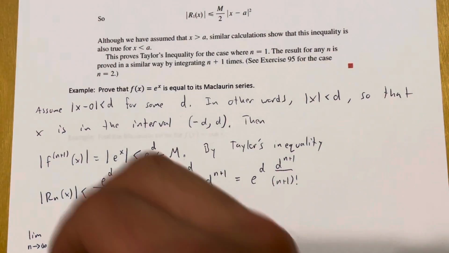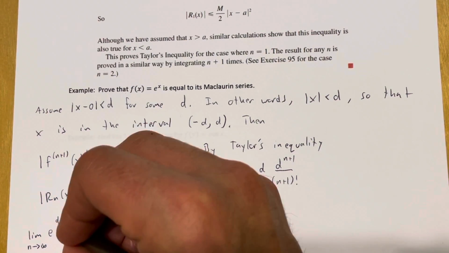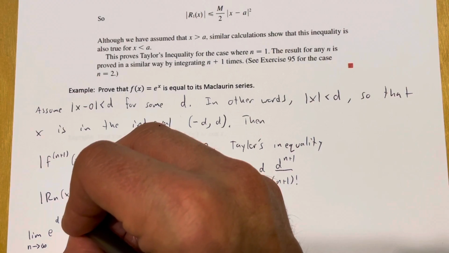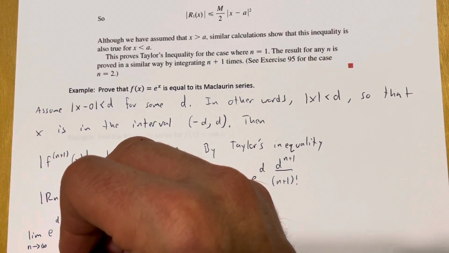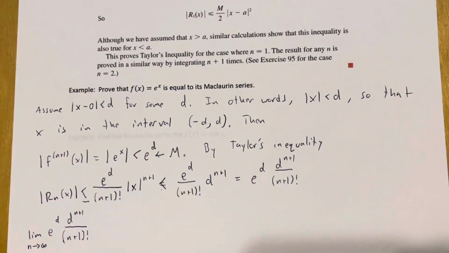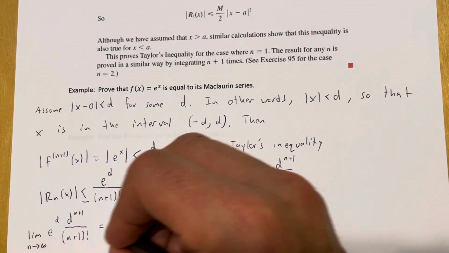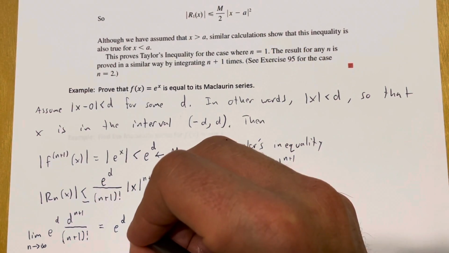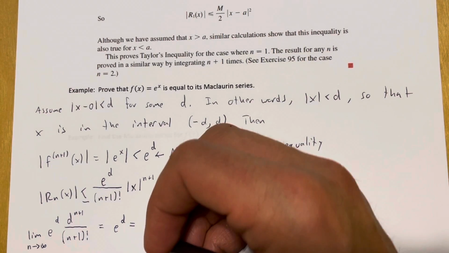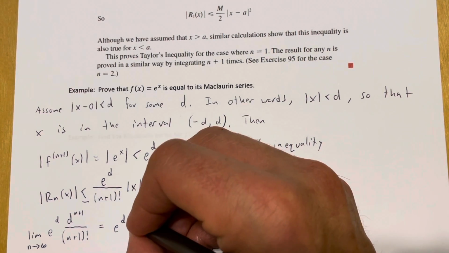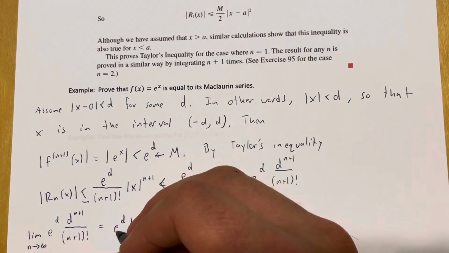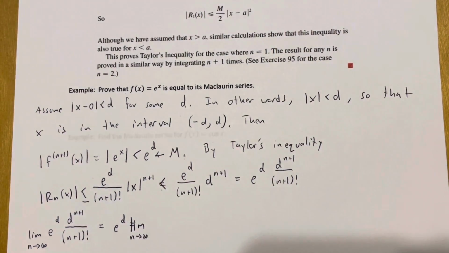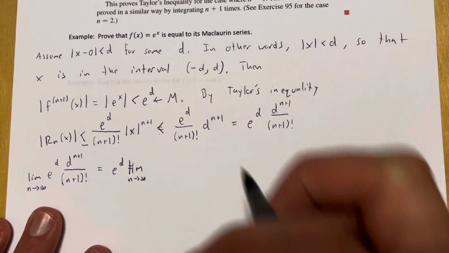The limit as n goes to infinity of e to the d times d to the n plus 1th power over (n plus 1) factorial. Okay, now notice I could pull that e to the d out, because there's no n in there, so it doesn't depend on this n in my inequality right here.